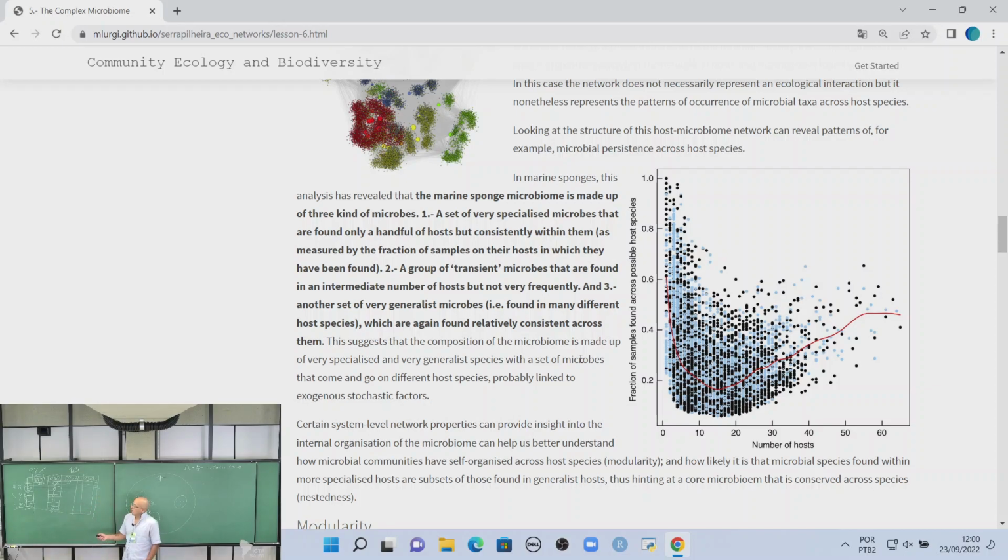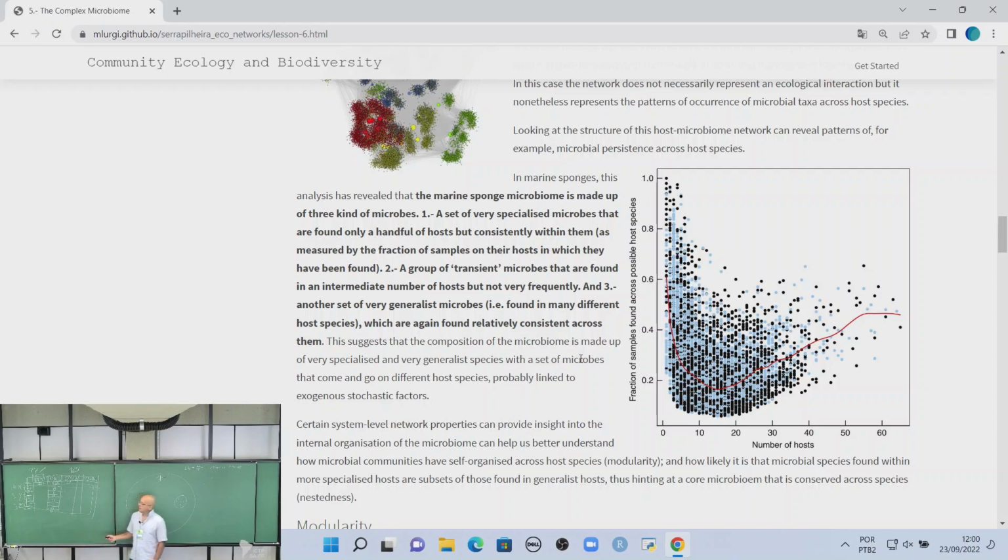And one interesting thing that emerged from this kind of analysis is that microbes that are very little connected, so they are only found in 1 or a few hosts, tend to be found in those hosts all the time, right? So they are very, very persistent in those hosts.